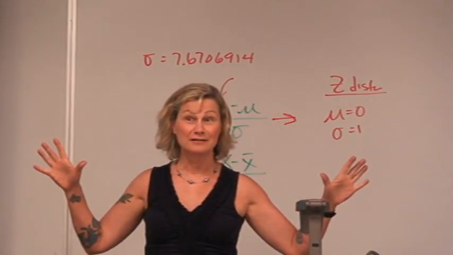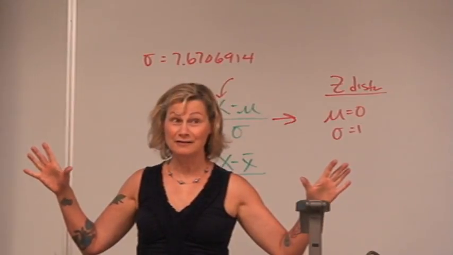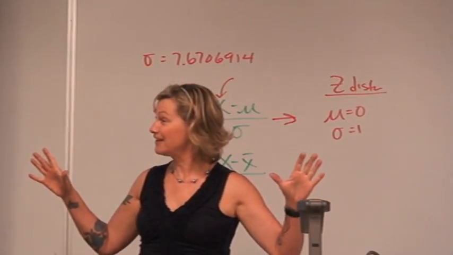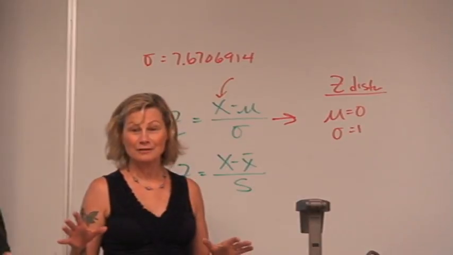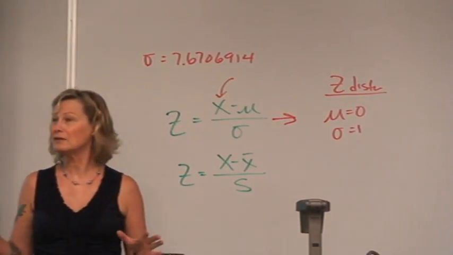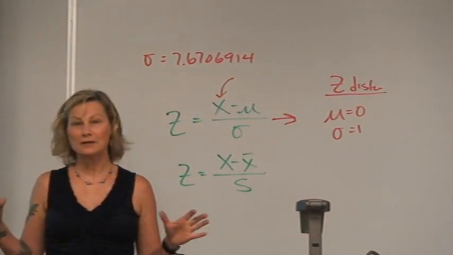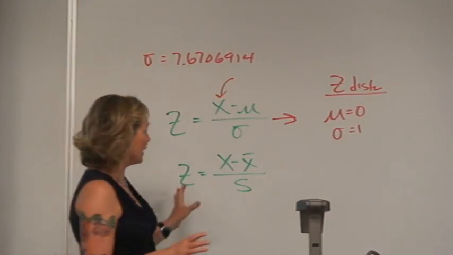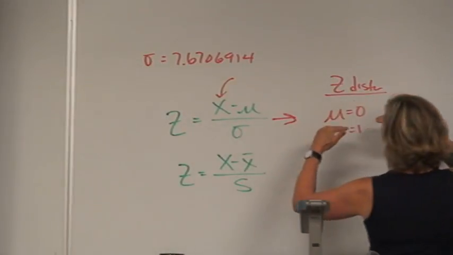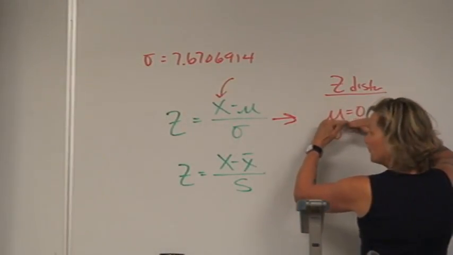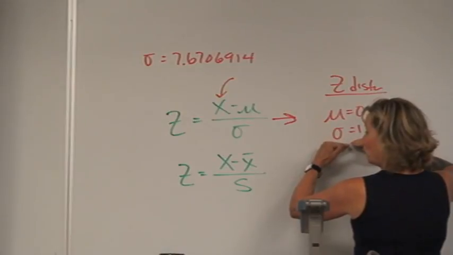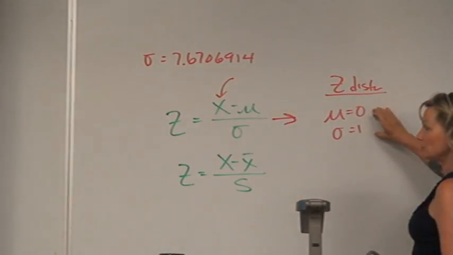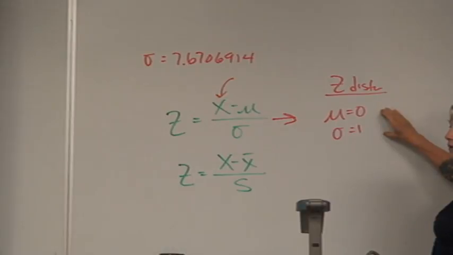Right? Does that make sense? Okay. So again, the mean of all the z-scores is 0, standard deviation is 1. So all of your z-scores should be between plus minus 3, which is saying that all of the data is within 3 standard deviations of the mean.